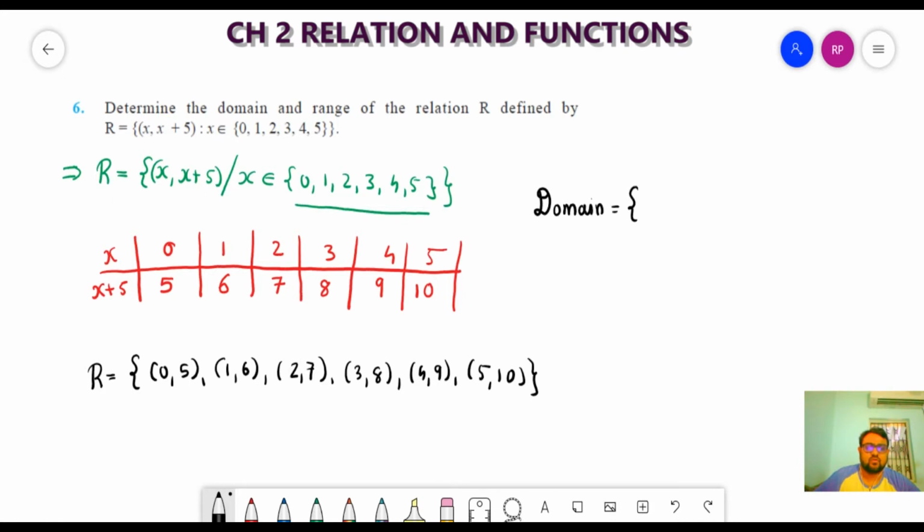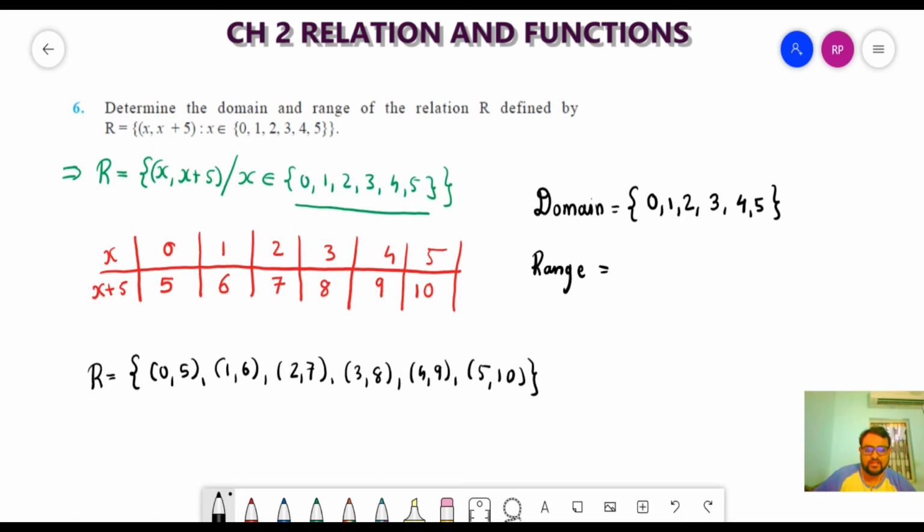The first element will be the domain. Domain will be equal to 0, 1, 2, 3, 4 and 5. And what will be the range? The image of 0 is 5, the image of 1 is 6, image of 2 is 7, image of 3 is 8, image of 4 is 9, image of 5 is 10.